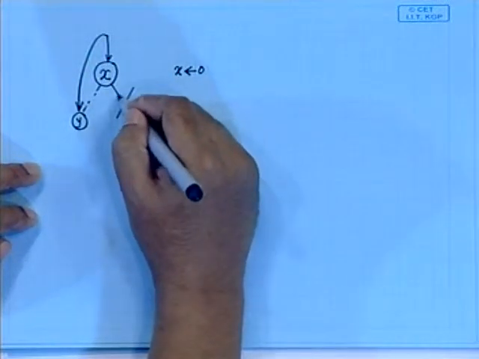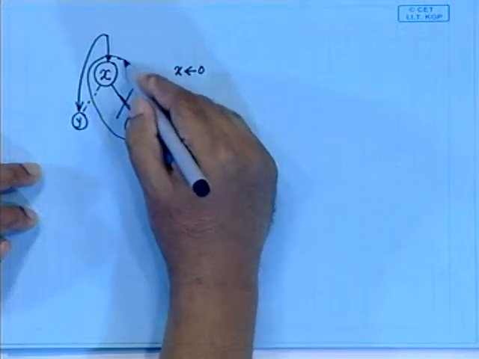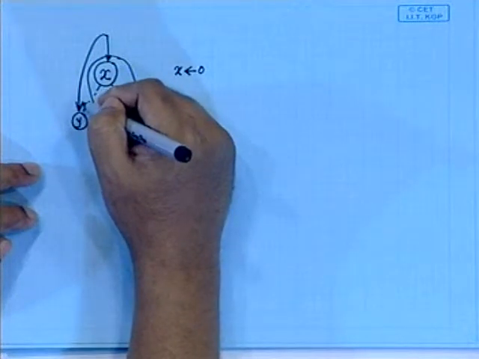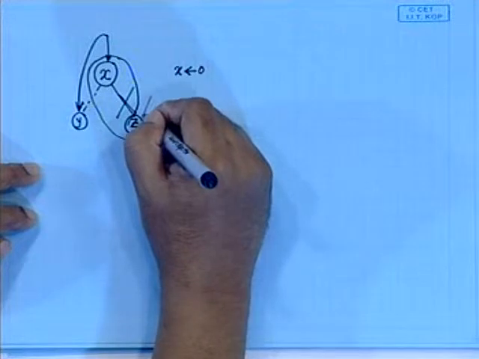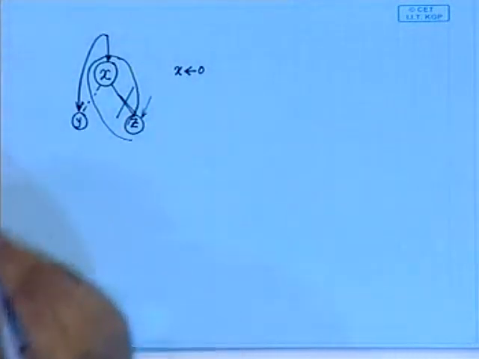So this edge is never going to be taken. So drop this node out, drop this edge out and make this point to this. Now if there is no other incoming edge to z, then even z will go away, right, and so on.